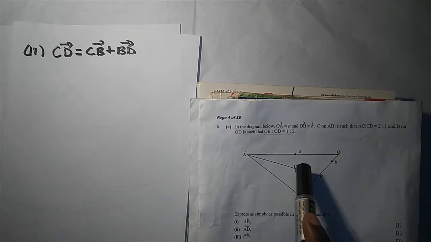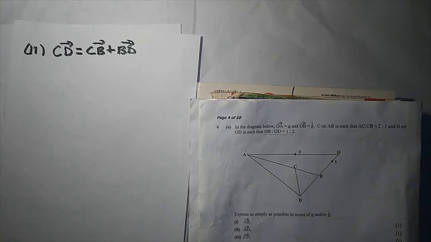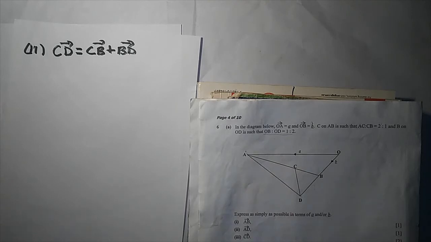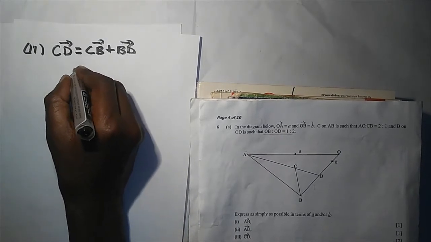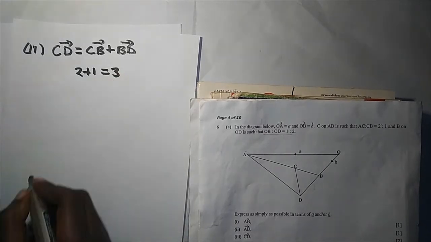For example, we can find CB because we have this ratio here, AC to CB. Now, for us to find CB, the first thing that we do is to add the ratios, because C is found in between A and B. It's found in the middle there. So since the ratio is 2 to 1, the first thing we are going to do is to add 2 plus 1. We are going to get 3 as the total.